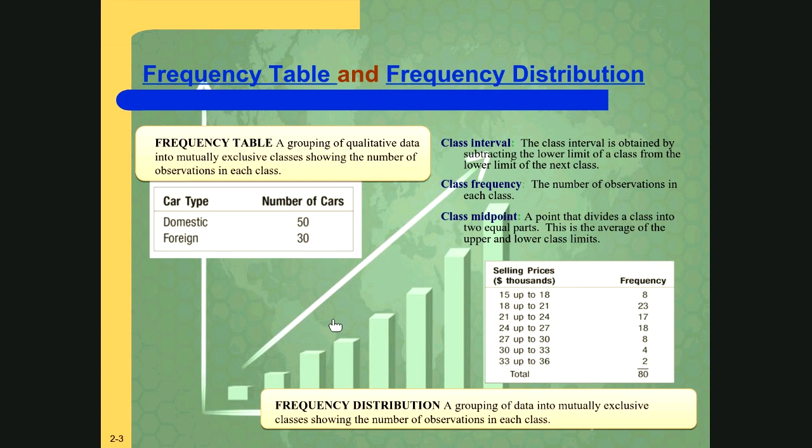So in the graph on the left side, we have car type. Domestic, those are cars that are made in North America, and foreign, those cars made not in North America. And you see a number under the heading of number of cars, 50 and 30.